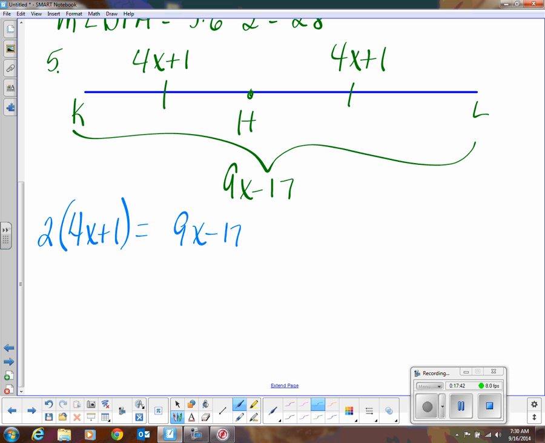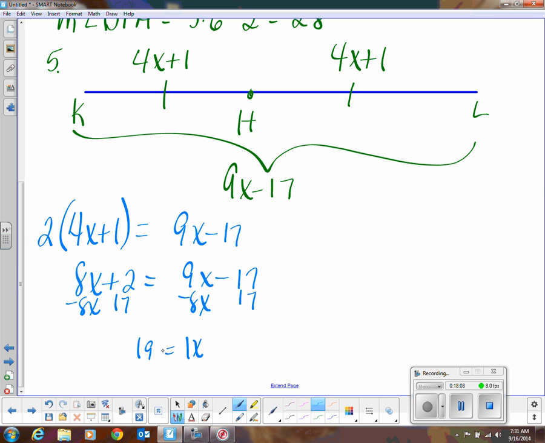So when you distribute the 2, it should look like this. Then you're going to subtract 8x, and I'm going to get 1x, and I'm going to add 17, and I'm going to get x to be 19.